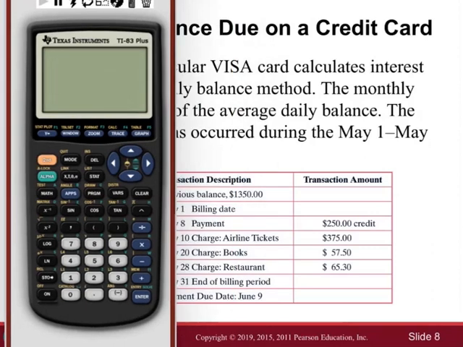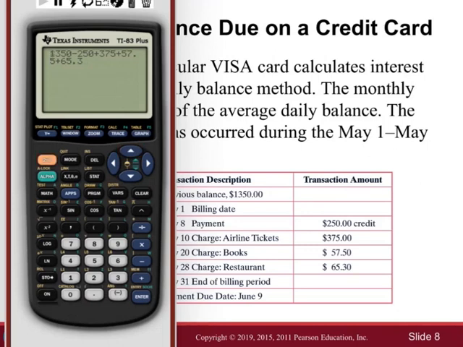All right, so let's start with the 1350. Since they made a payment to their credit card, we're going to say minus 250. And then we're going to say plus 375 plus 5750 plus 6530. Okay, we're going to take that answer.